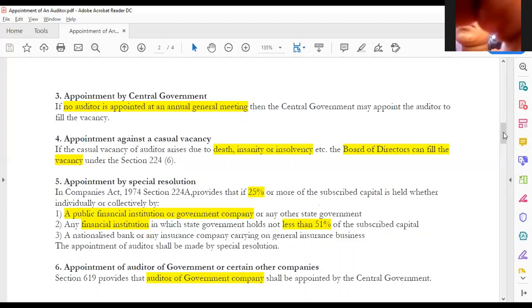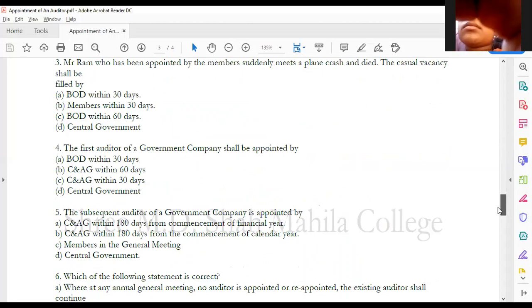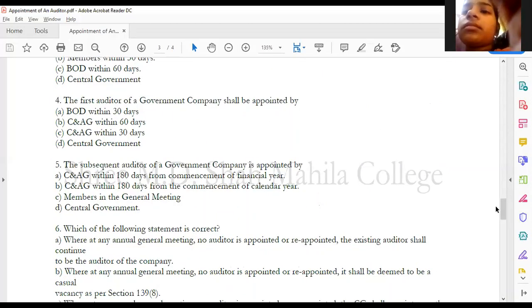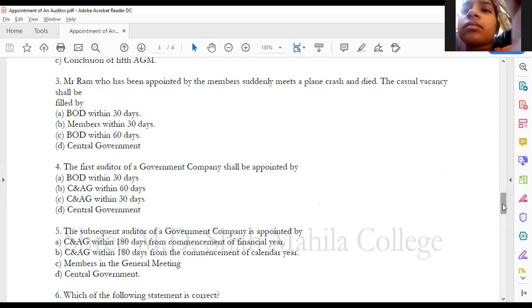The board of directors have the power to fill the vacancy. So the answer is A, board of directors. Within 30 days, they have to fill the vacancy.